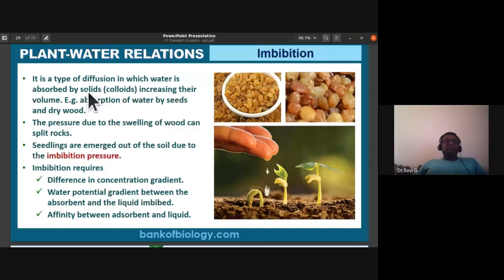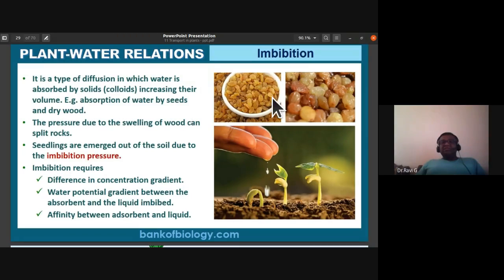Imbibition is the process of adsorption of water by hydrophilic colloidal substances followed by absorption of water. So there is capillarity, and diffusion also takes place in the case of imbibition. Example: absorption of water by seeds and dry wood.